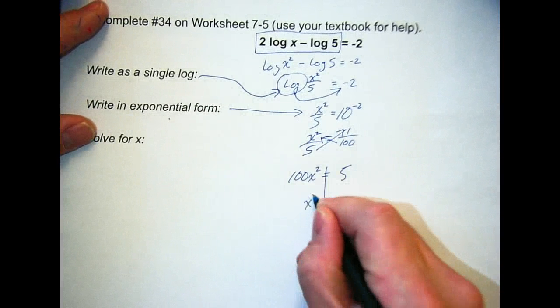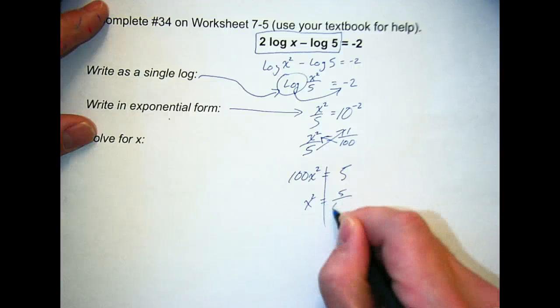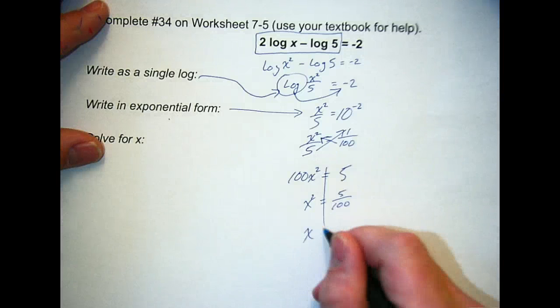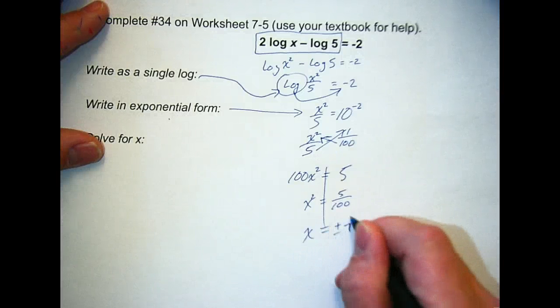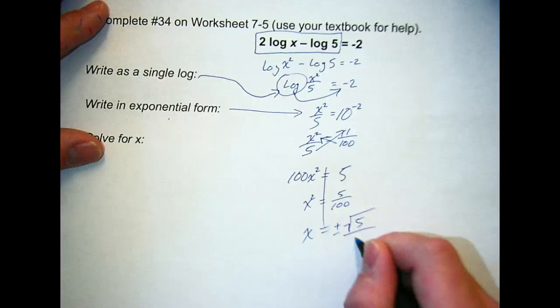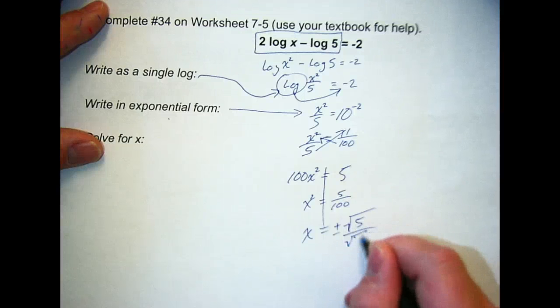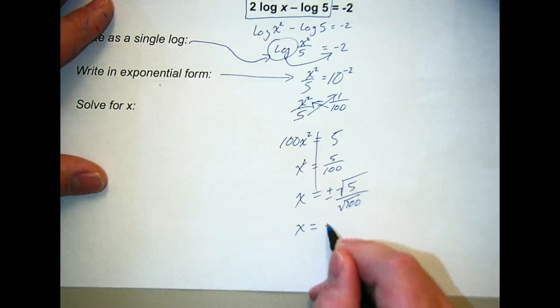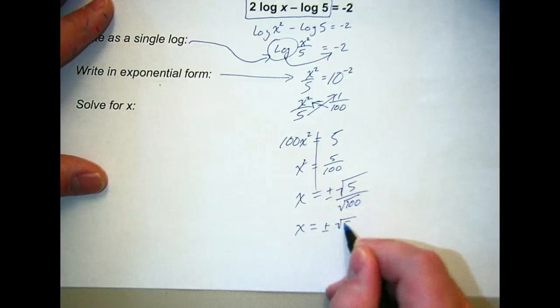Divide by 100. X squared equals 5 100ths. And then I take the root. X is equal to plus minus root 5 over root 100, which is 10. So x equals plus minus root 5 over 10.